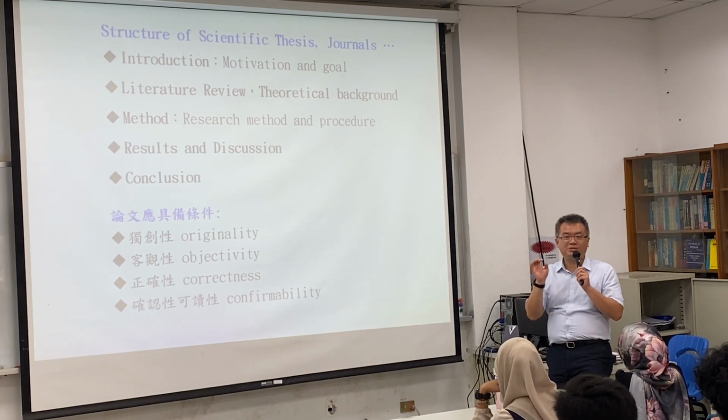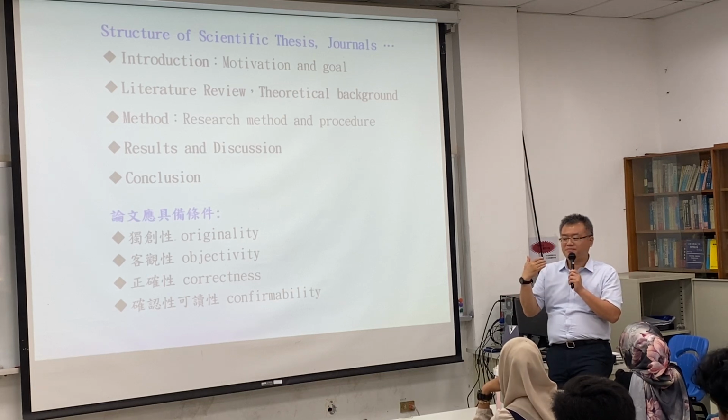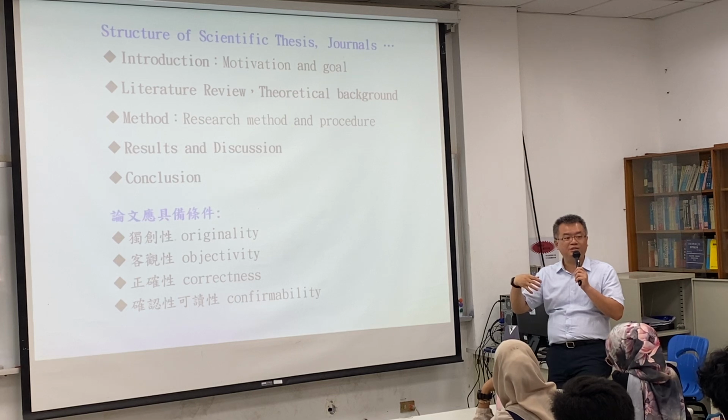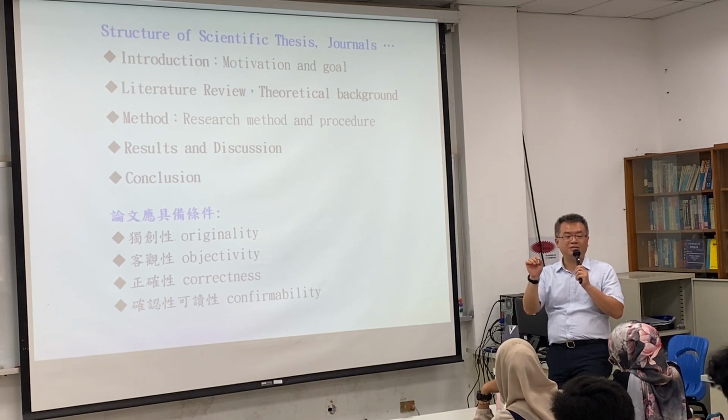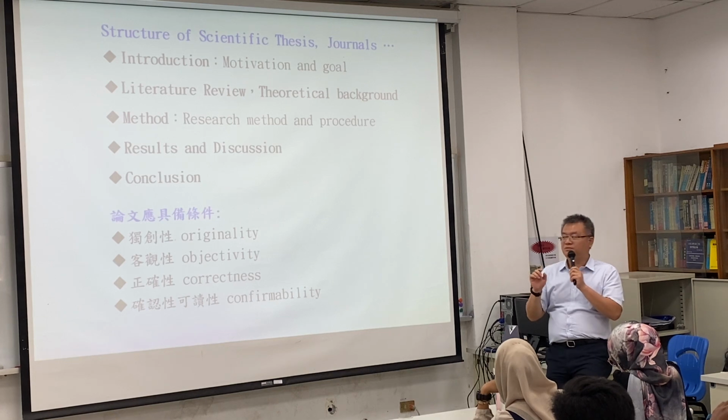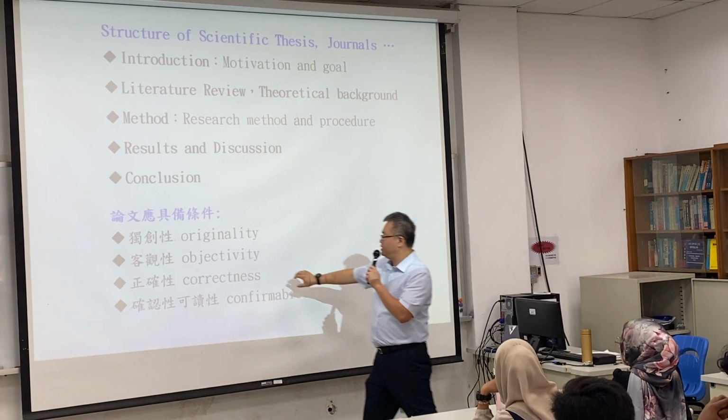I'm not going to say you cannot change the result at all. Within some kind of statistical range, you actually can change. It's allowed and it's reasonable. But the problem is how do you make it reasonable? That's very important for this part.